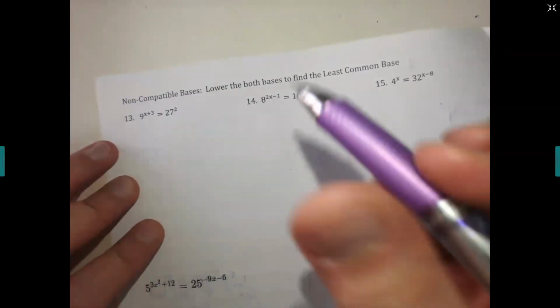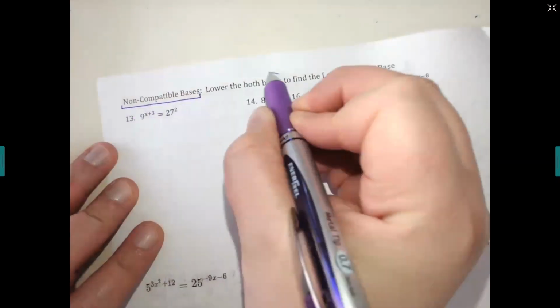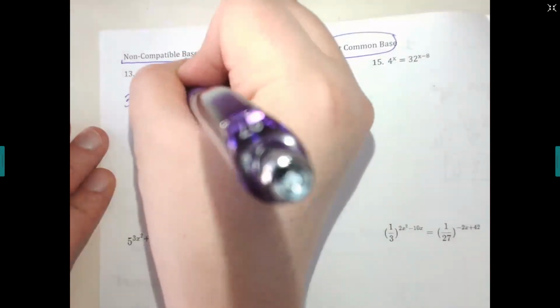Okay, so if they're non-compatible bases, you're going to lower both bases to find the least common base, meaning something that they can both match. So 9 goes to 3 squared, old exponent stays grouped. And 27 is going to go to 3 cubed, old exponent stays grouped.